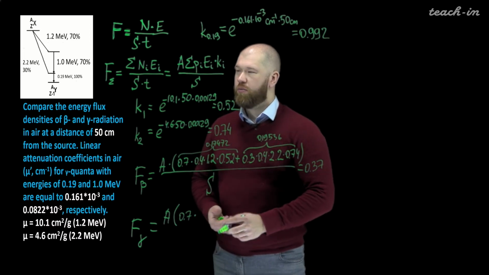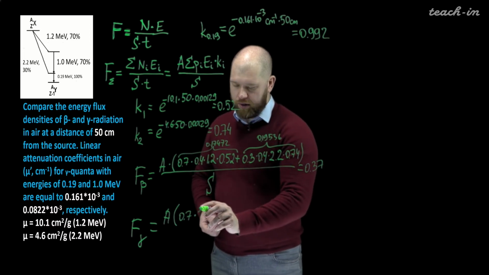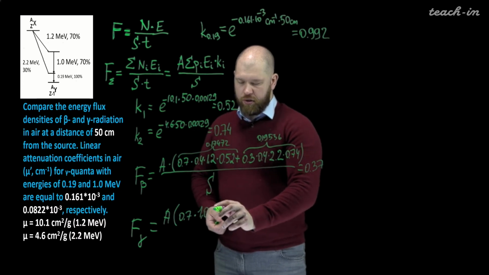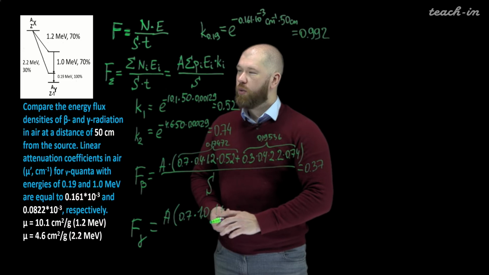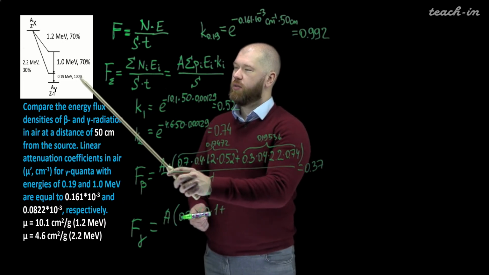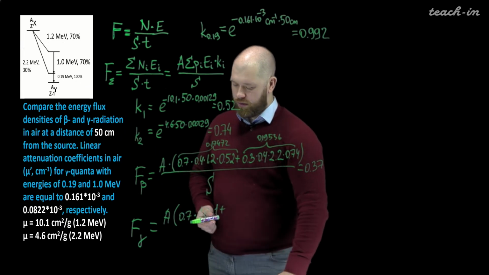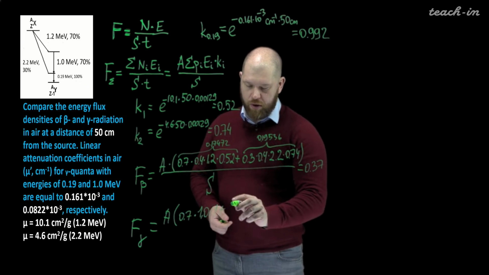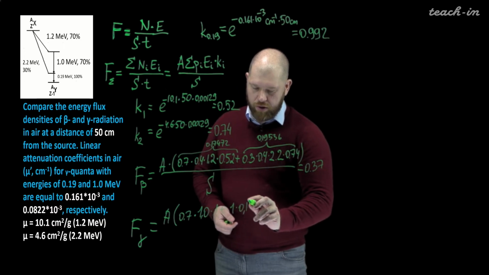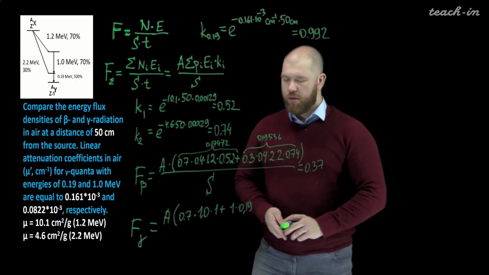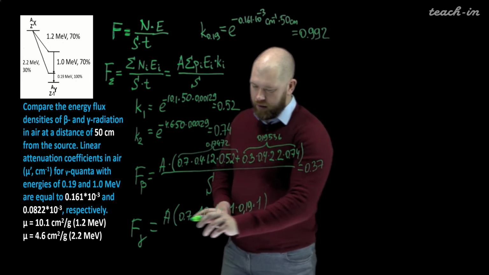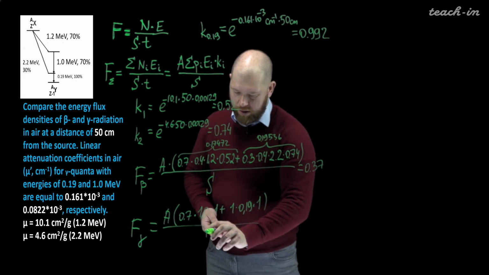We multiplied it with the energy of gamma quanta, simply 1. The attenuation coefficient is 1, and in this case we see that 100% of gamma quanta with energy 0.19 mega electron volts will be emitted. Again, the attenuation coefficient is 1, and we divided it by S.